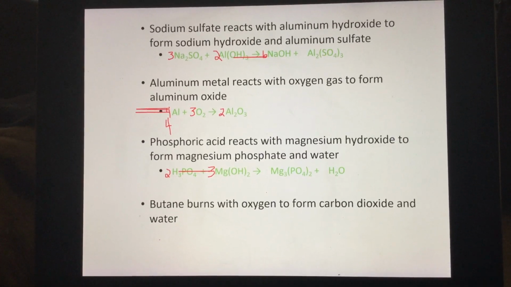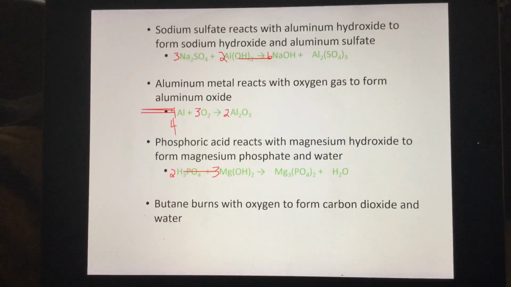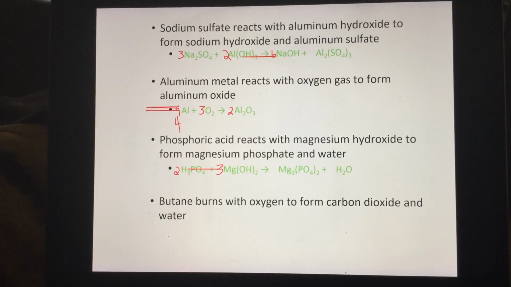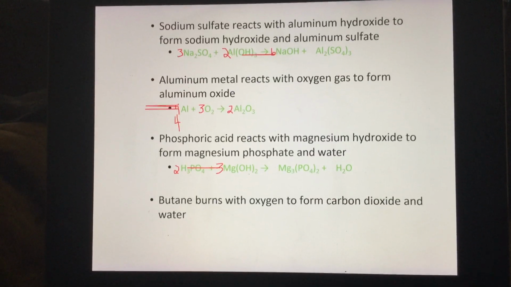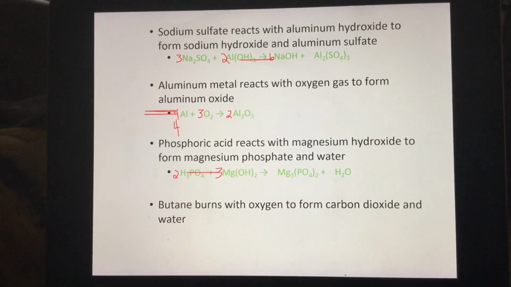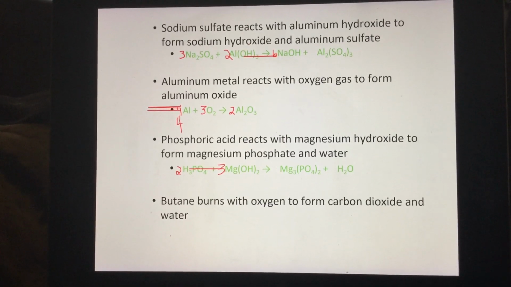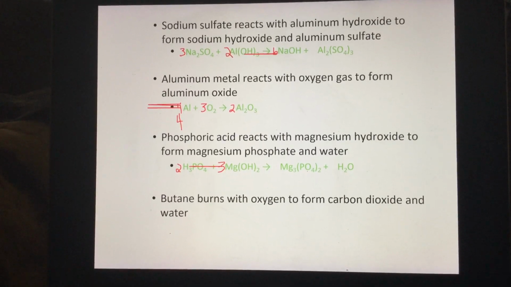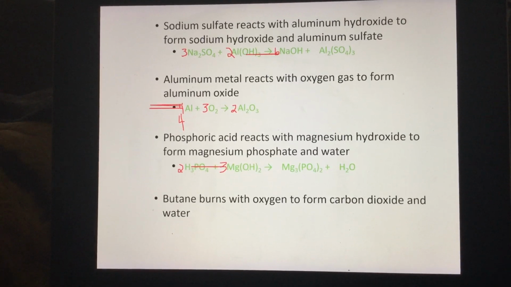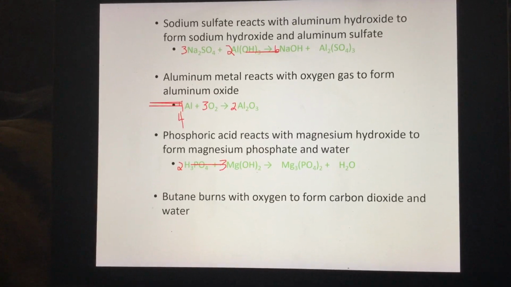So we're done balancing our polyatomics, which brings us to balancing our nonmetals, and our only nonmetals left to balance are the hydrogen and oxygen from the hydroxide. Now, we've already balanced the oxygens in the phosphates, okay? Those got balanced when we balanced the phosphates, so we're not counting those. We're just counting these oxygens here and here, and the hydrogens here and here.